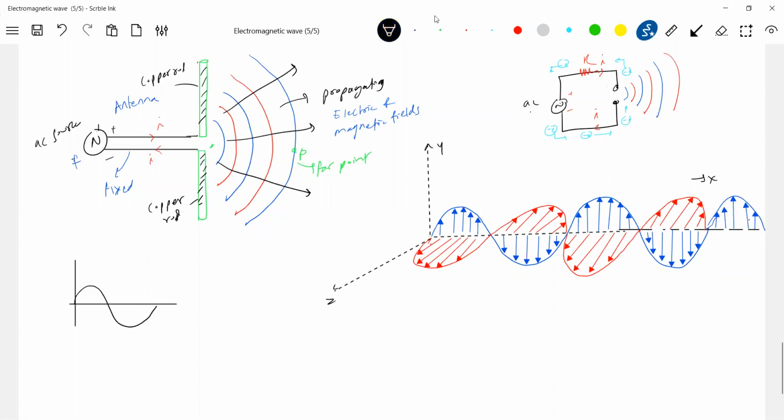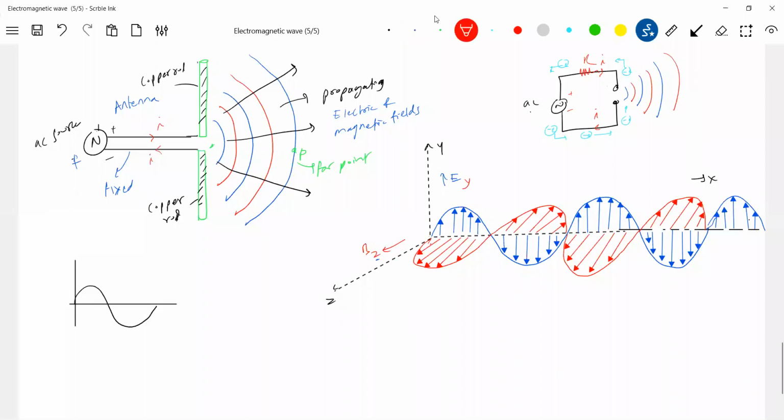So Maxwell said that this is E bar. This is BZ, since it is pointing along the Z axis all the time.